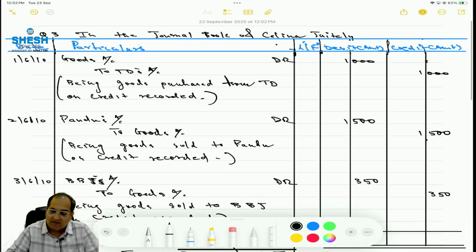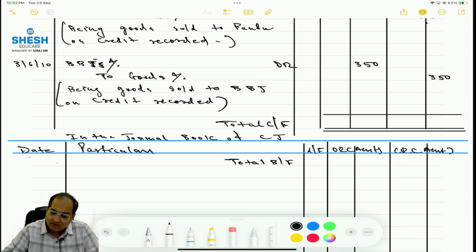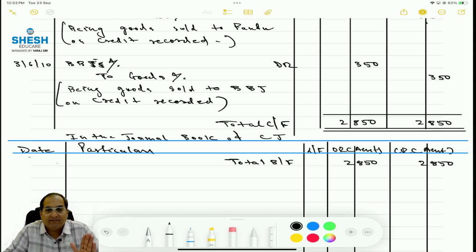Here my total is 2500 plus 350, so 2850. So I will start here with 2850, debit as well as credit. And then I will start recording the new transaction. Am I very clear?